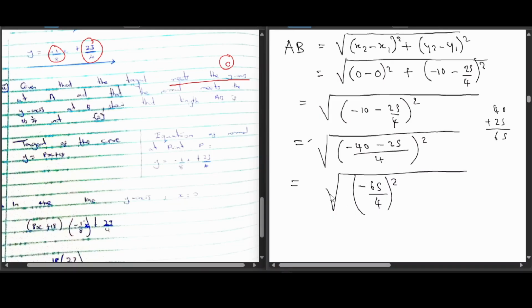But we know that when you find a square root and a square, they cancel each other. That's why when we want to remove a square, we use a square root, and when we want to remove a square root, we use a square. So this is simply equal to minus 65 over 4. But let us simplify this.